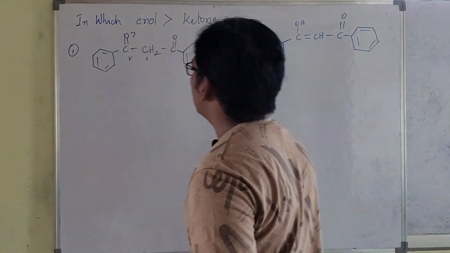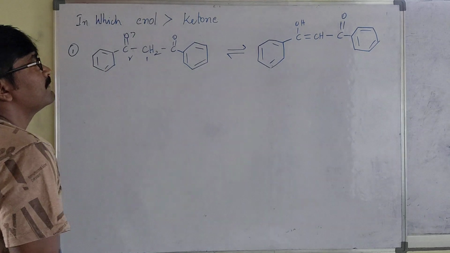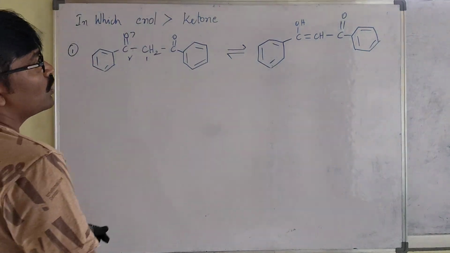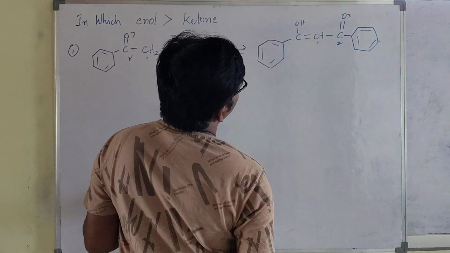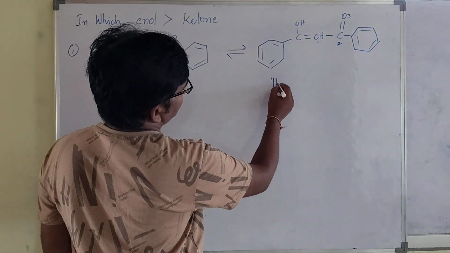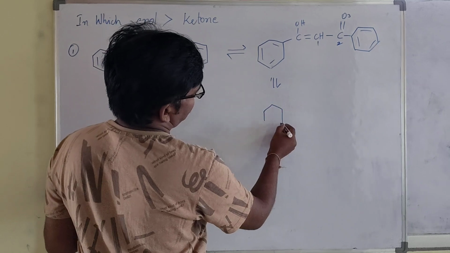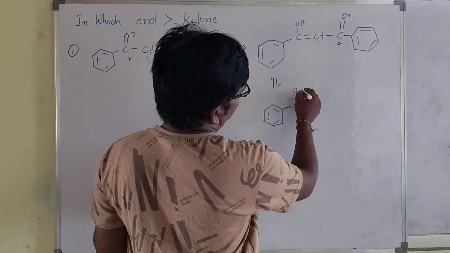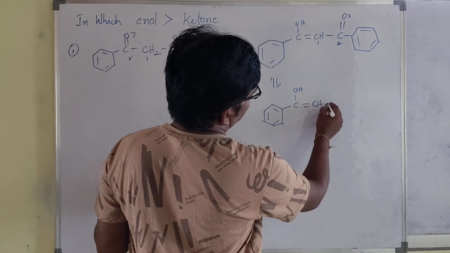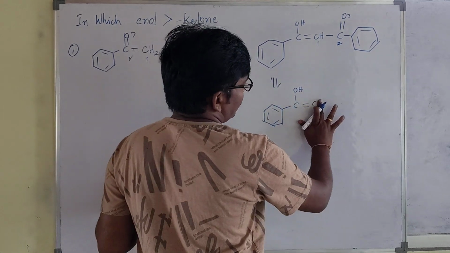Sir, one more is also possible. In case one more hydrogen atom is shifted there, 1, 2, 3 migration, then CH, COH, then double bond CH, H will migrate from there to here.